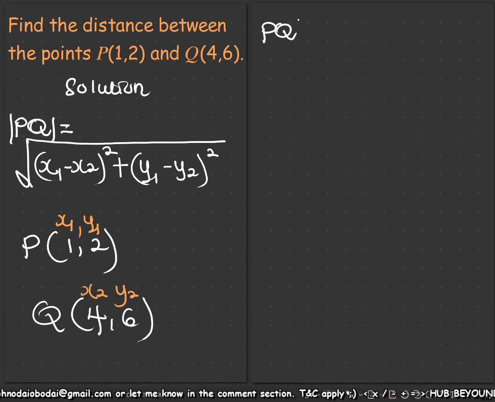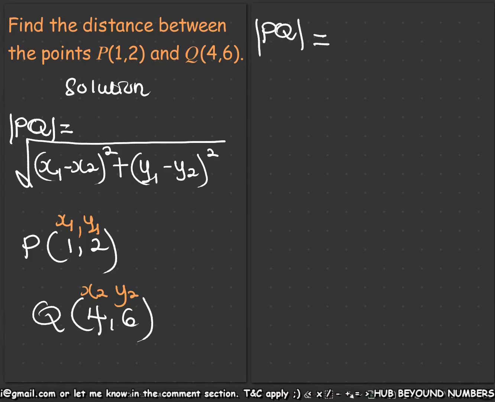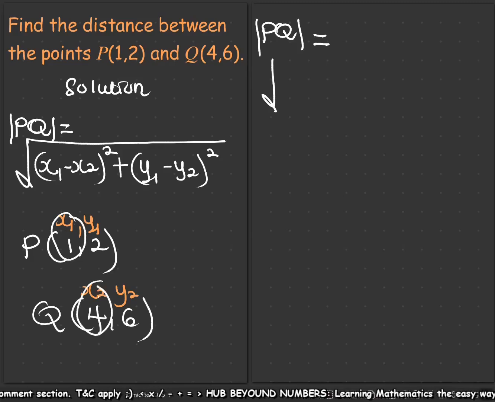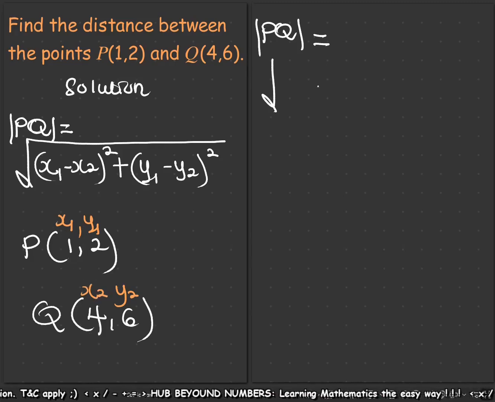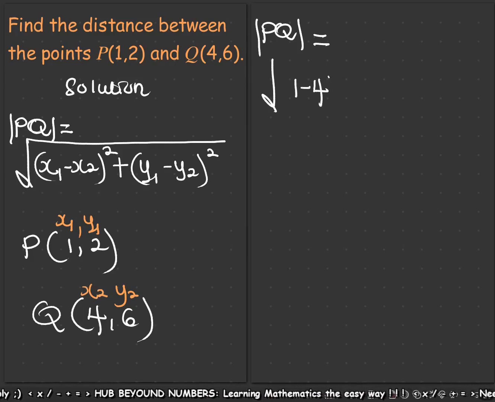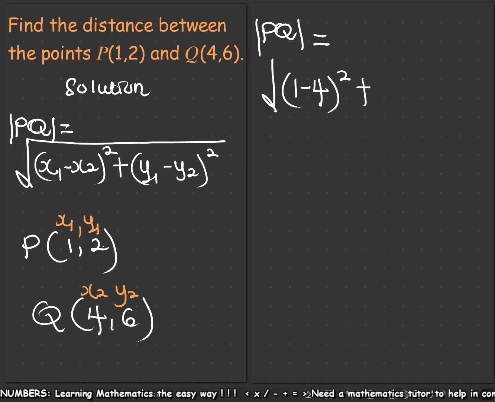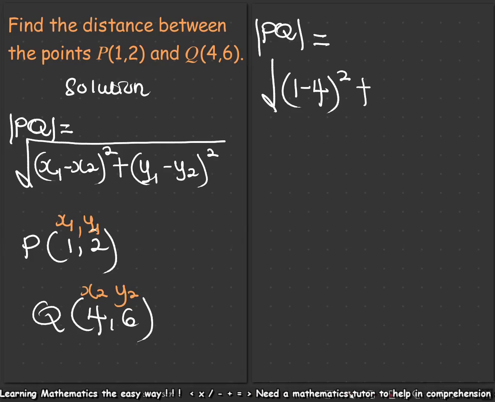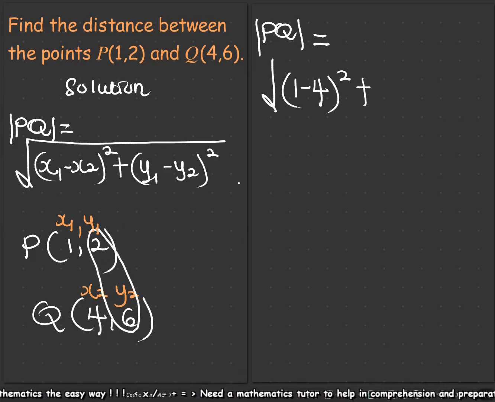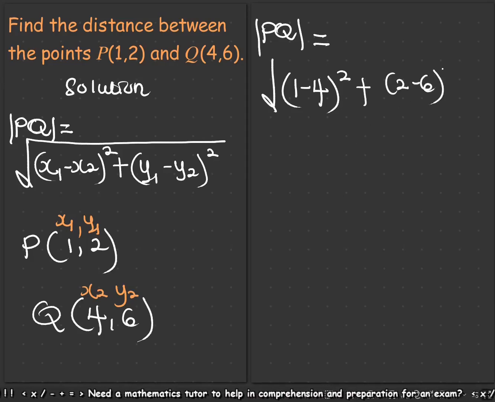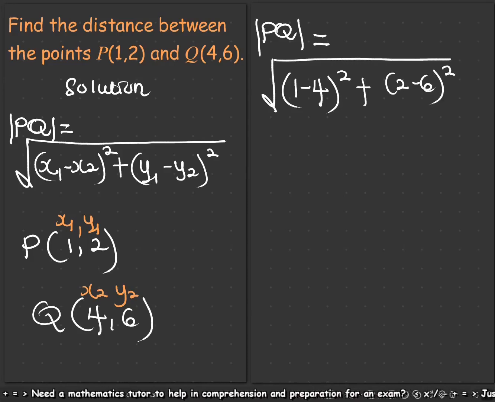So we have PQ being equal to the square root of x1 minus x2, and that is 1 minus 4, not forgetting the square on top. Then plus our 2 and then 6. So 2 minus 6. Well, that is y1 minus y2. Then not forgetting its square as well.